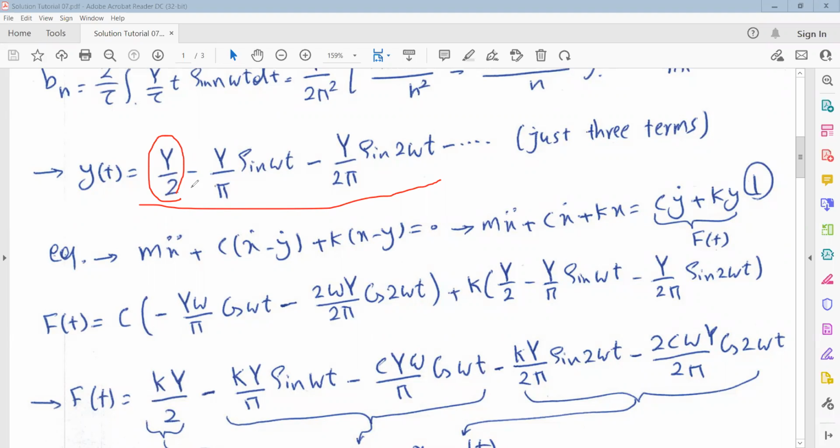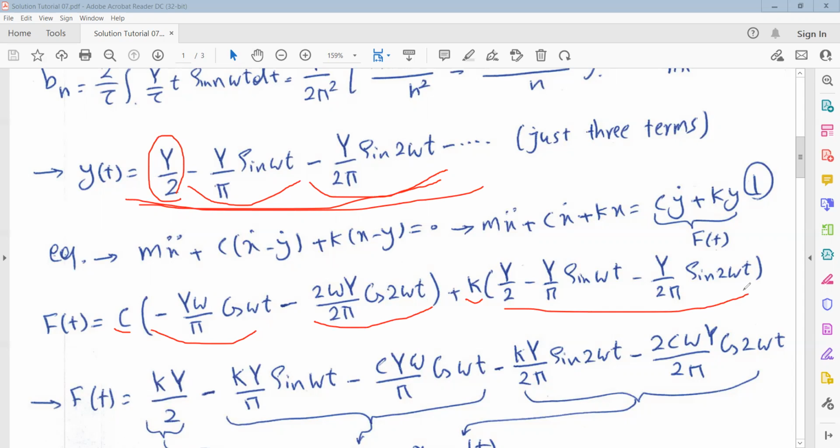The derivative of this term is minus y divided by pi times omega times cosine omega t. And the derivative of this term is again minus y divided by 2 pi times 2 omega times cosine 2 omega t. This is y dot multiplied by c, and k times y is k multiplied by this term, and we can substitute here.